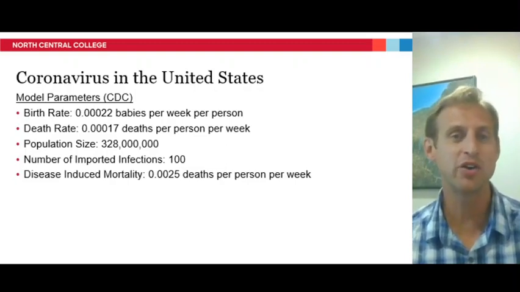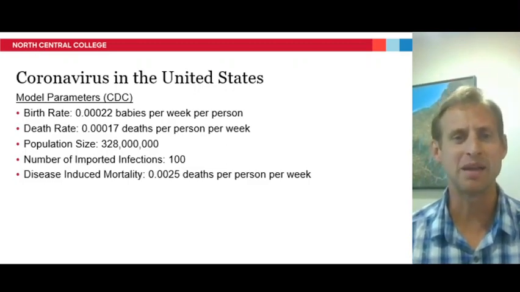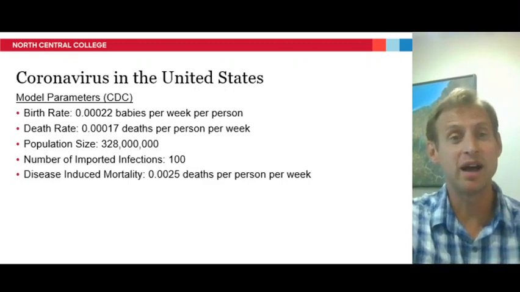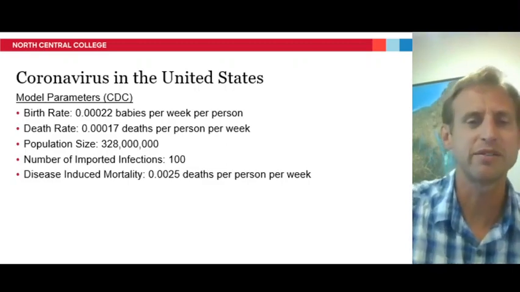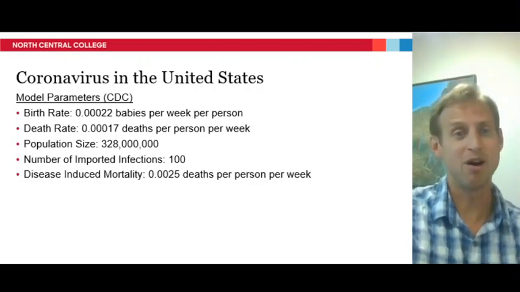I estimated 100. It turns out when I made that number bigger or smaller, it didn't really matter over the course of the infection whether it was 100 or 10 people or 1,000 people who came in. The epidemic looked pretty similar once it got going. And then finally, one of the numbers that I've changed quite a bit several times is disease-induced mortality. This has been a number that has been all over the board, and you'll see that in news stories.